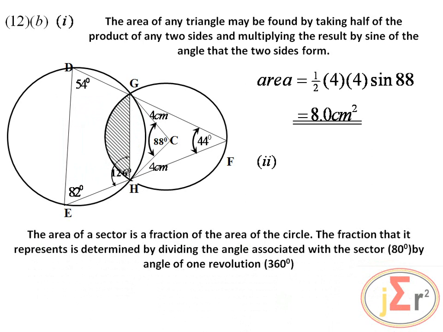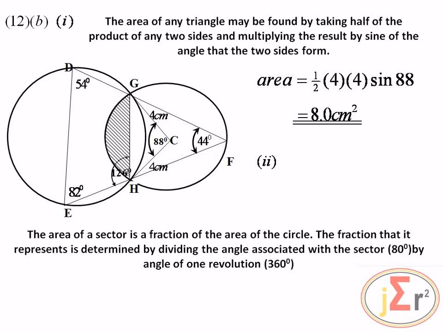The area of a sector is a fraction of the area of a circle. The fraction that it represents is determined by the angle associated with the sector and the angle of an entire revolution. So that angle is divided by the angle of an entire revolution, which is 360 degrees.